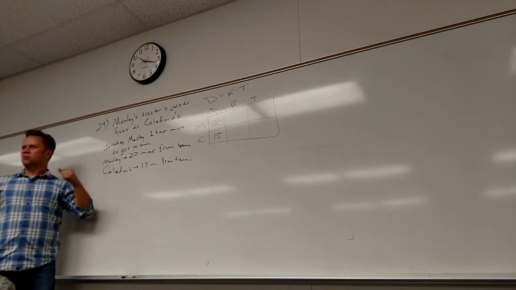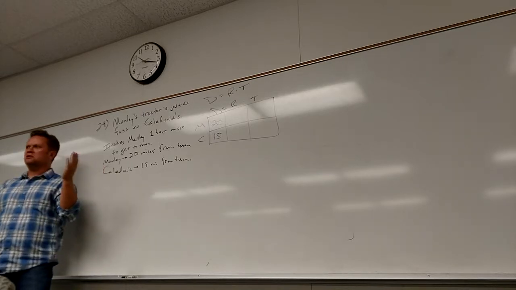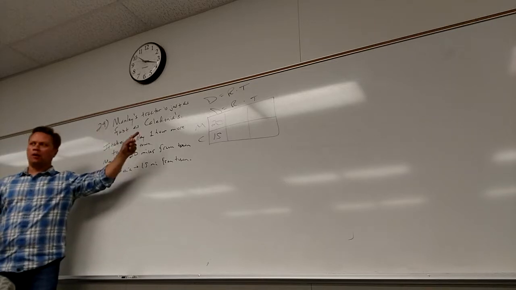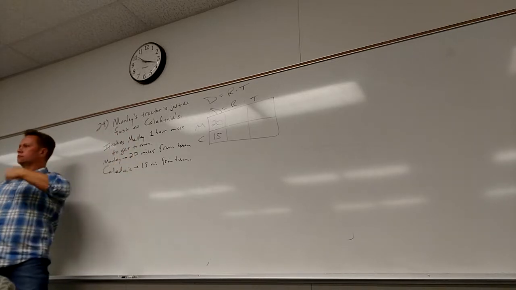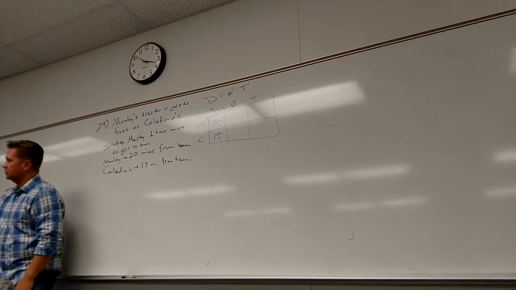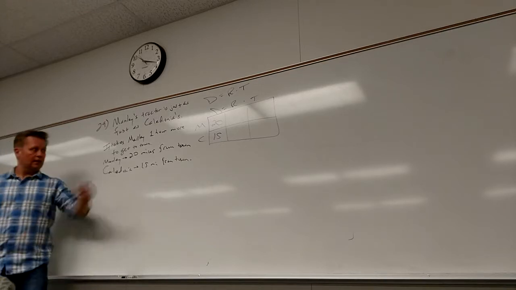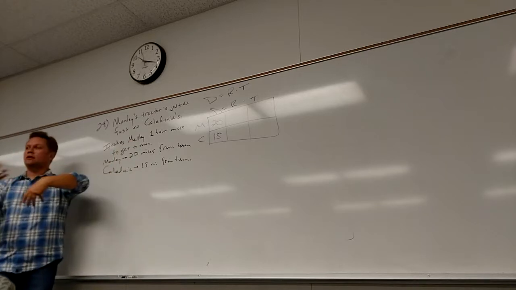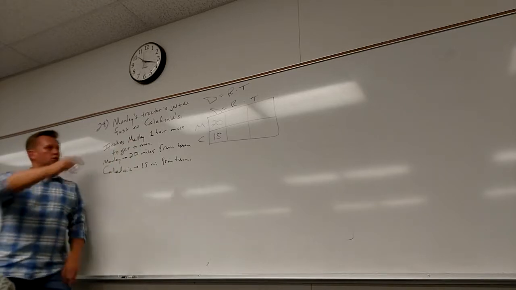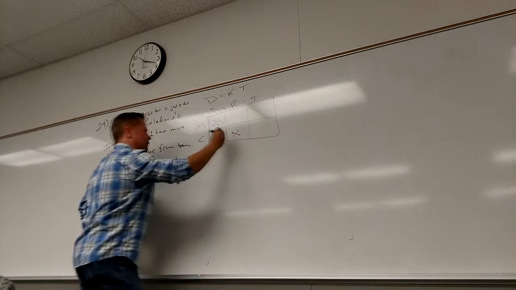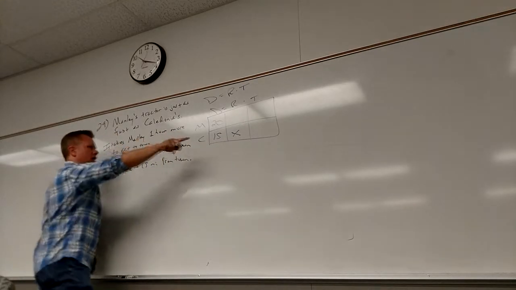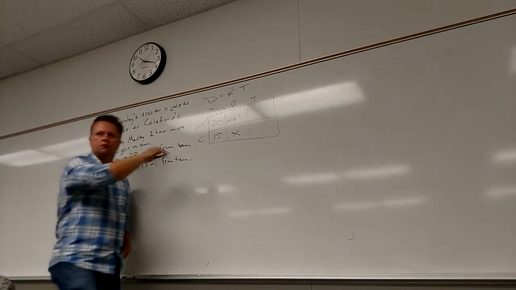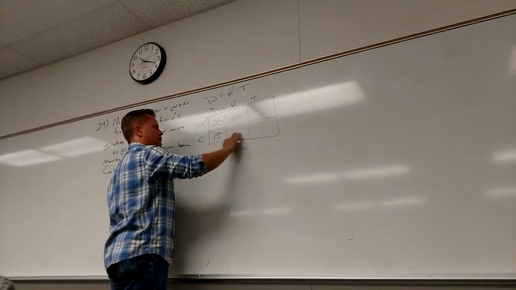So which one's going to be X? X is Caledonia, because to get Manly, you have to do something to Caledonia's time. So if Caledonia is X, Manly's 1 hour more than that, 1 plus X. Now Jeff, you probably want to put it in the time slot.